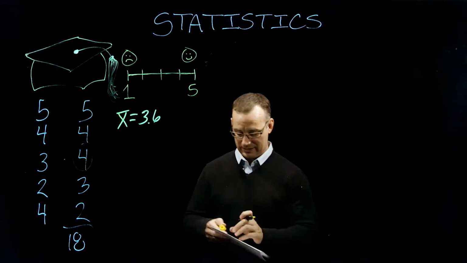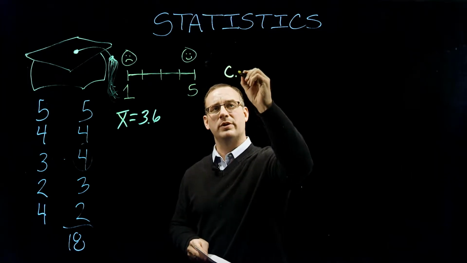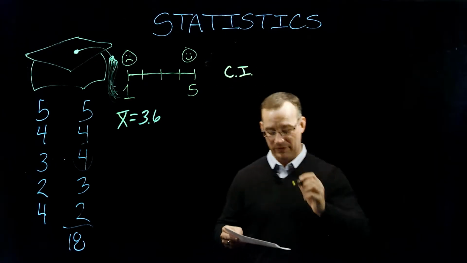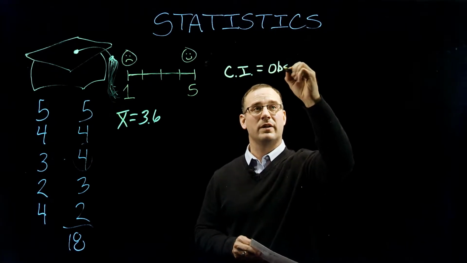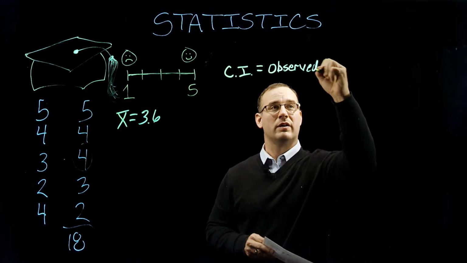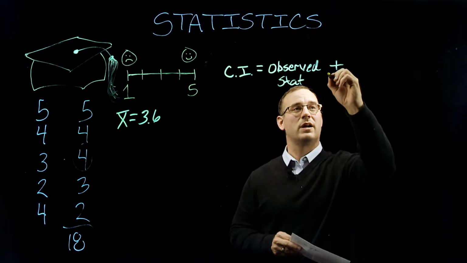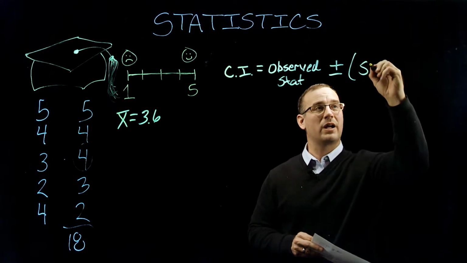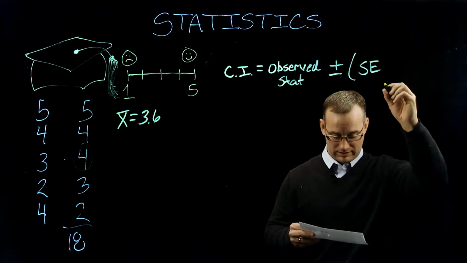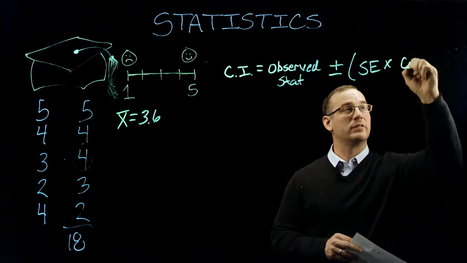Our formula for confidence interval, which we're going to abbreviate as CI, is some observed statistic, plus or minus some standard error times our confidence value.